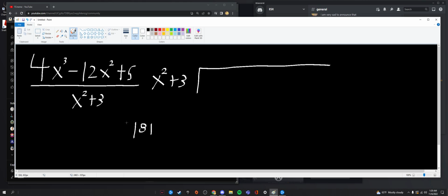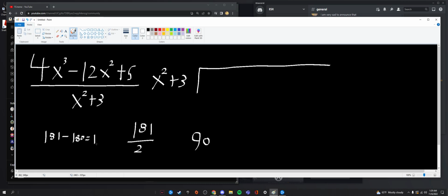181 over 2, we think, okay, how many times does 2 go into 181? We know 90 times 2 is 180, so we have at least part of our answer being 90. Then 2 times 90 is 180, and 181 minus 180 is equal to 1.